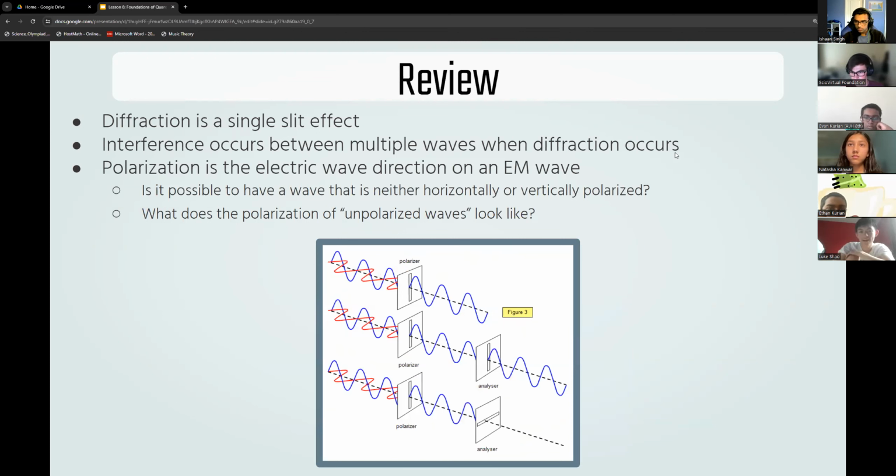We also learned that polarization is the direction a wave oscillates. Is it possible to have a wave that is neither horizontally nor vertically polarized?